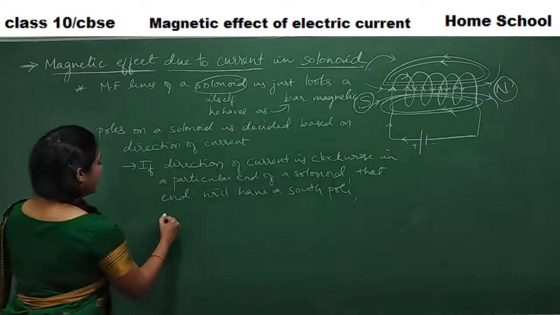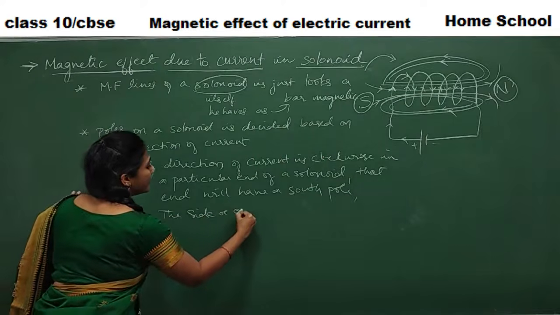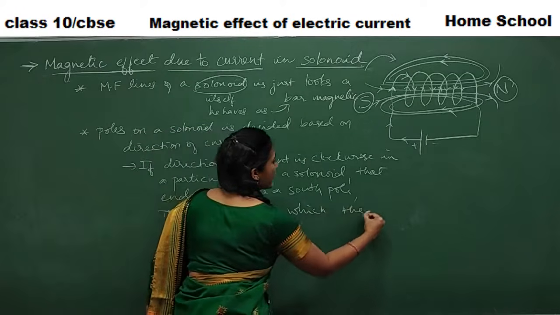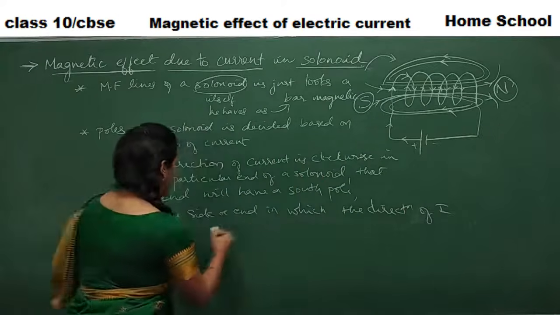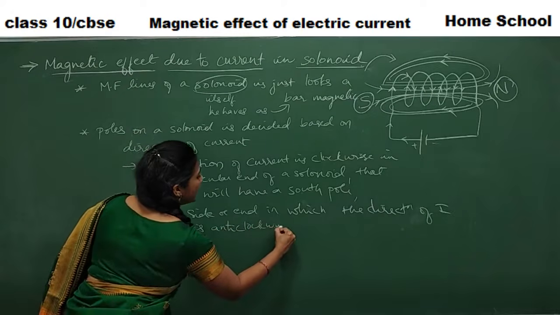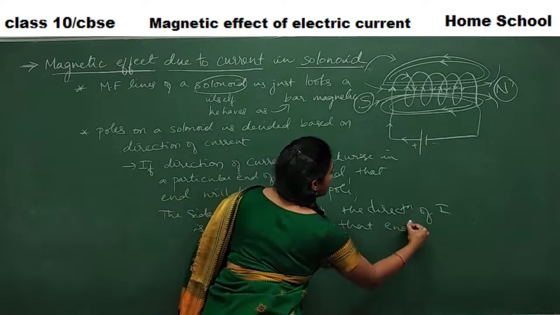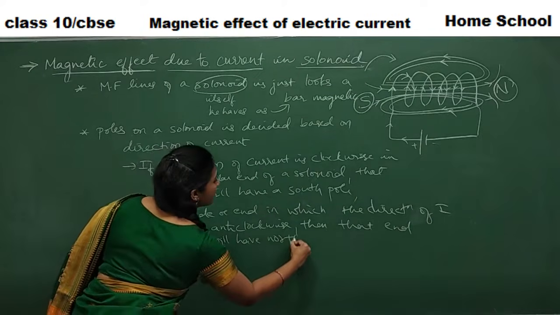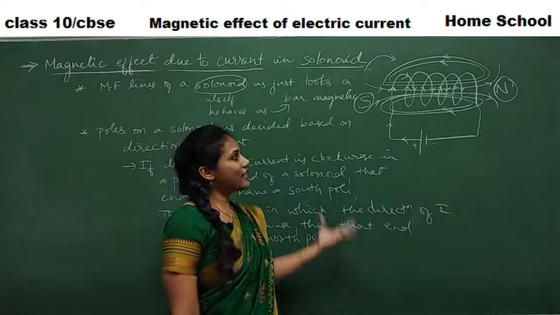So what I would write here is, the side or end in which the direction of current I is anti-clockwise, then that end will have north pole.